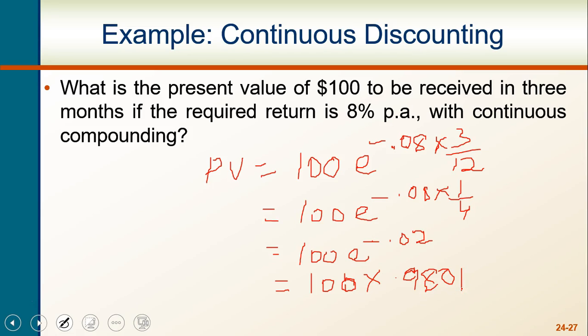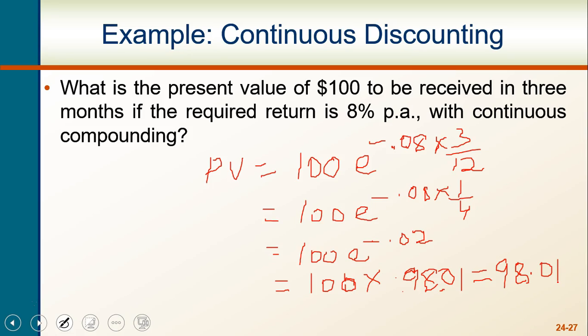So it's easy to see that on a continuous discounting basis, the present value of this $100 is equal to, well, this is 0.9801. So when you multiply this with 100, you are going to get $98.01 as your result. $98.01.